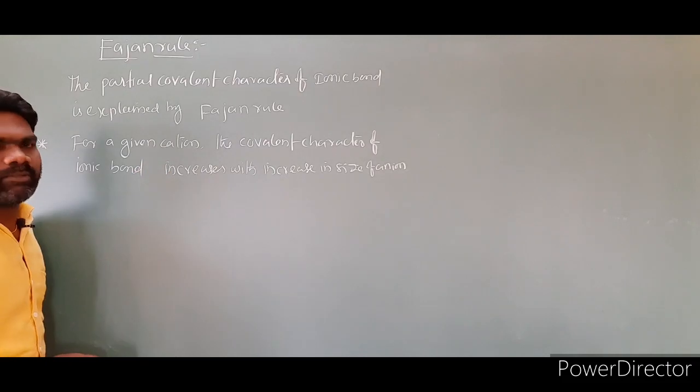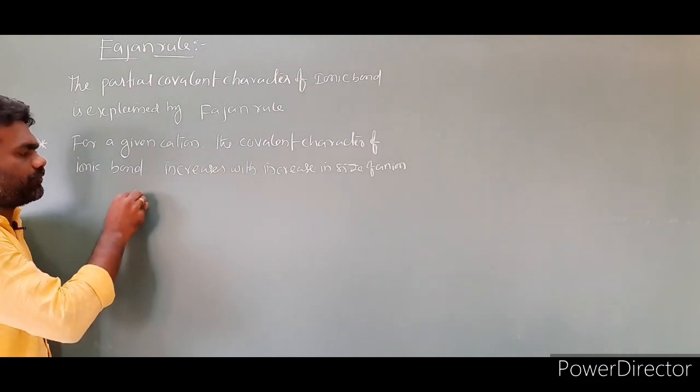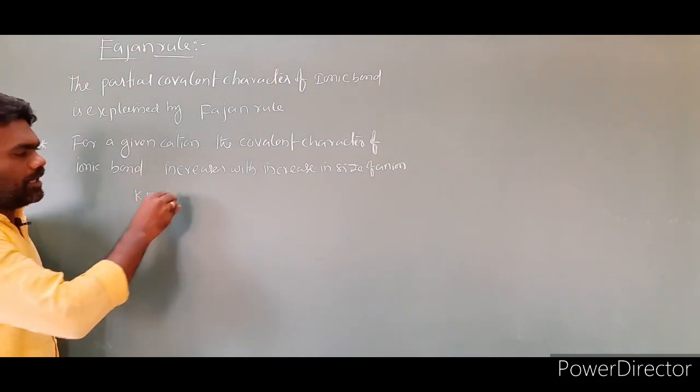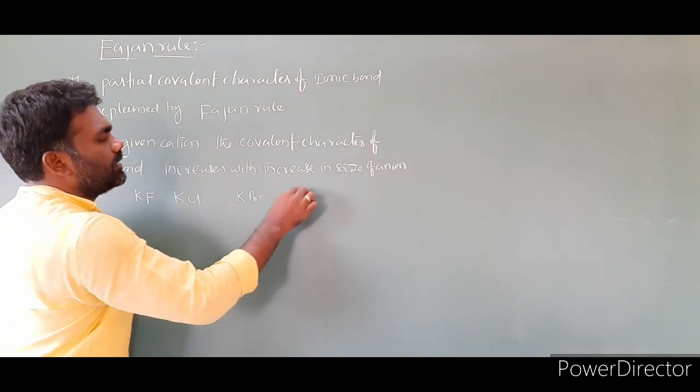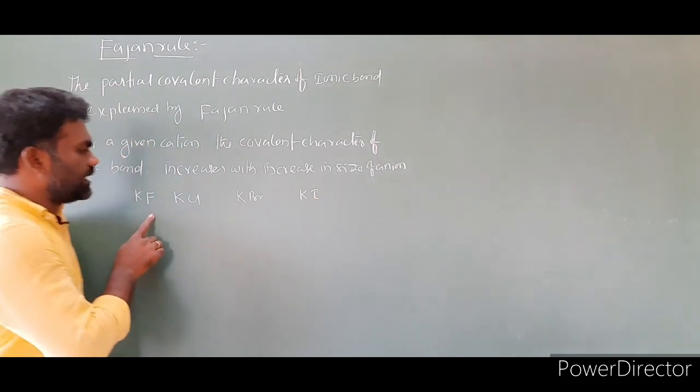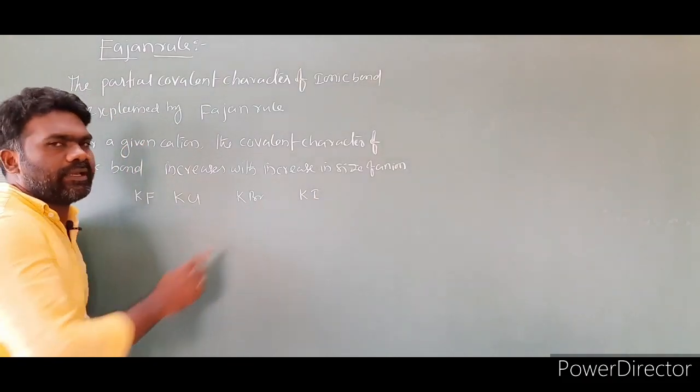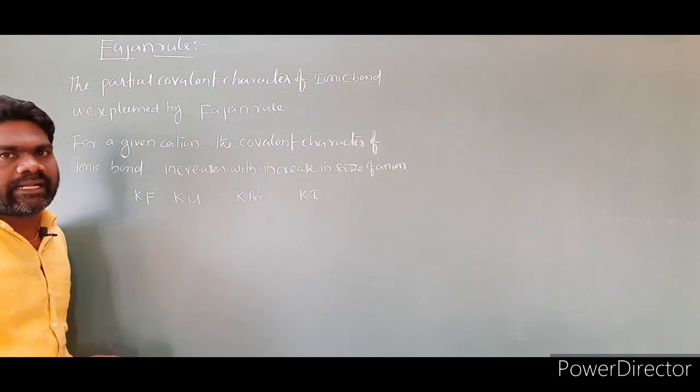Let us take one example for better understanding. I am taking KF, KCl, next KBr, then KI. So KF, KCl, KBr, KI. In all the cases the cation is the same.